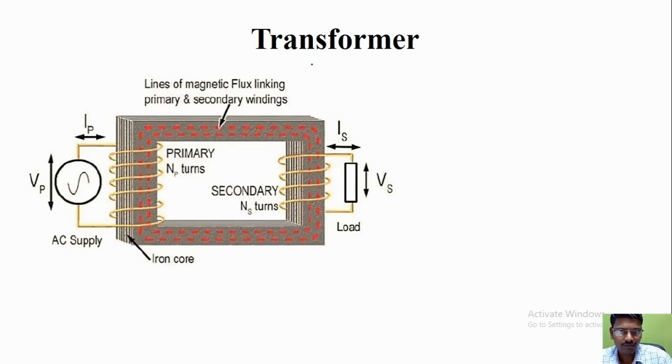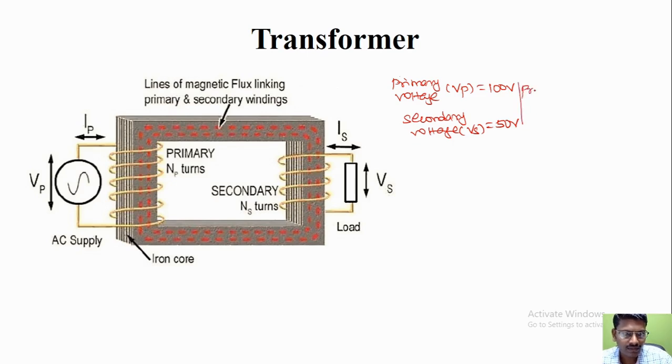So let me solve a problem to find the value of current. So primary voltage Vp is equal to 100 volt and secondary voltage Vs is equal to 50 volt.